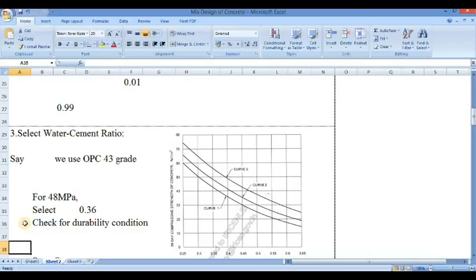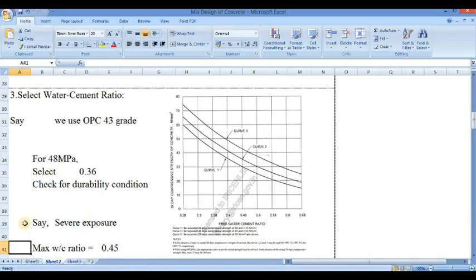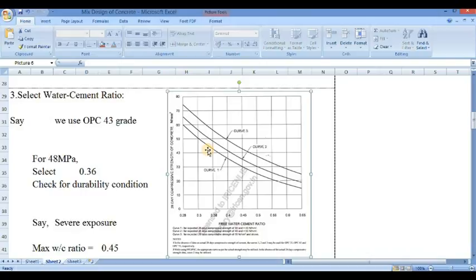Now who decides the water cement ratio? There are total 3 factors which decide the water cement ratio. As per the latest version, the 2019 version of 10262, the first criterion is your cement type. That means which type of cement you are using. For example, in this curve there are total 3 curves: curve 1, curve 2, curve 3.